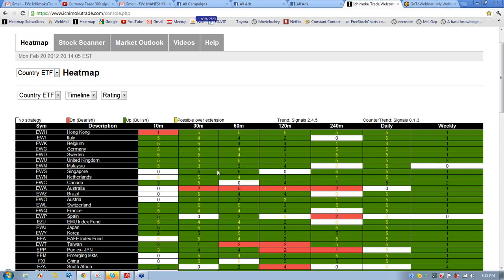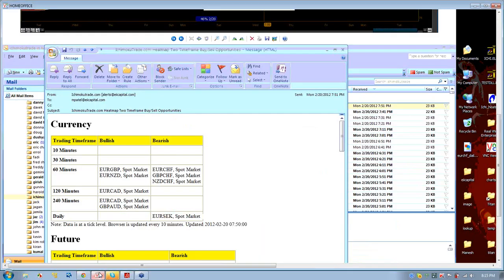Then you could also go counter trend on the lower time frame. The other thing you can do is if it's overextended on the daily and weekly, you could go opposite on the lower time frames. And how can you tell if it's overextended? Well, if they're in yellow. So there's various things you can do, but we've only touched on some of the things that are available right now. But trust me, there are many, many different ways you could use this heat map.